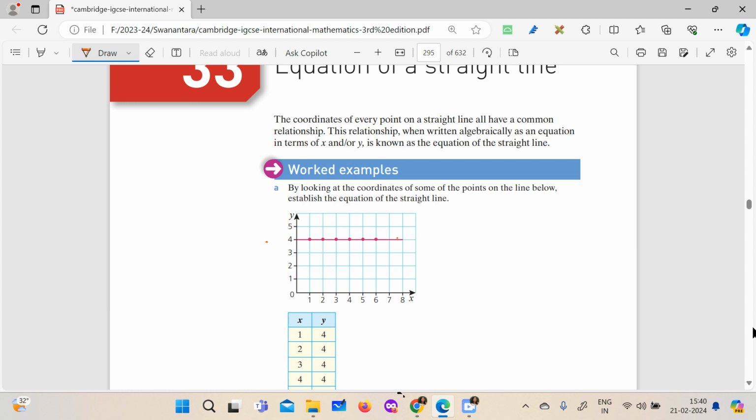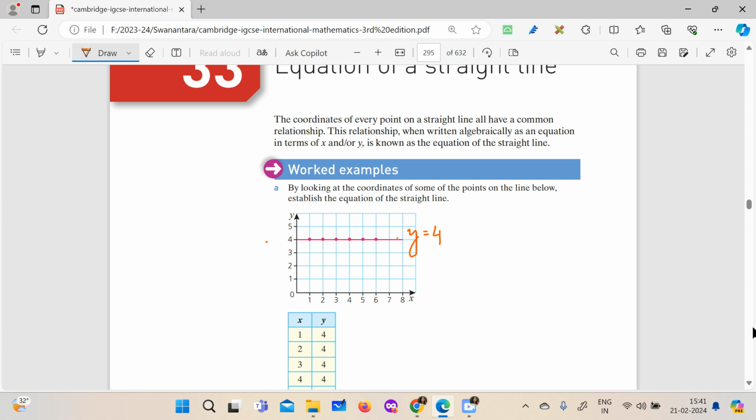That one, I think it is going to be y is greater than or equal to 4. Is it? No, y is equal to 4. Yeah, right. This is parallel to the x-axis and this is y is equal to 4. Okay?